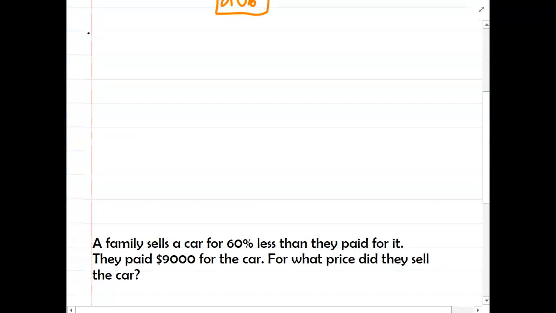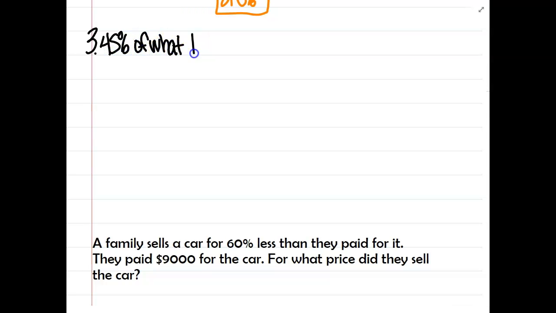Okay, this one says 45% of what number is 40.5? Okay, now remember, to use the proportion, it is over of equals percent over 100.